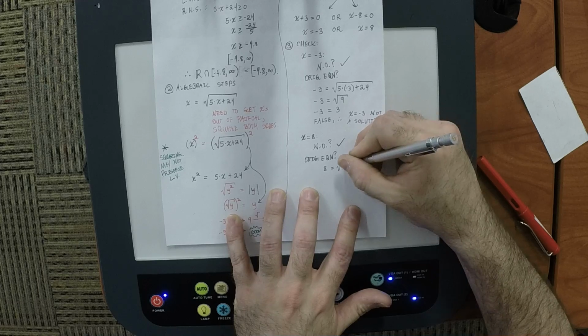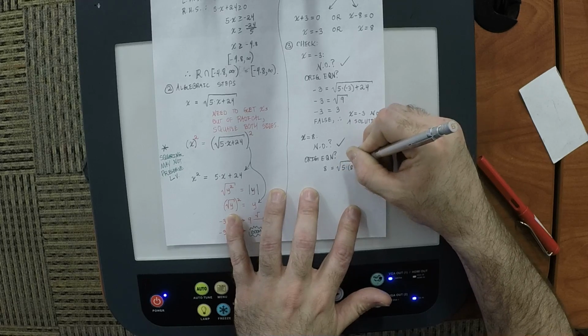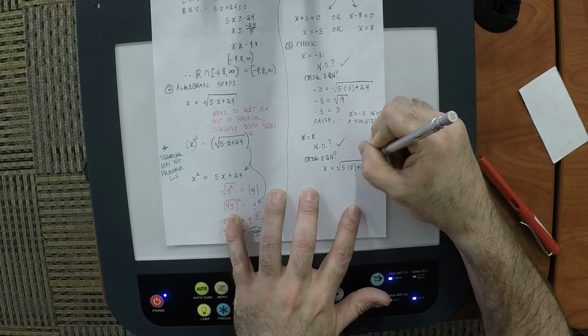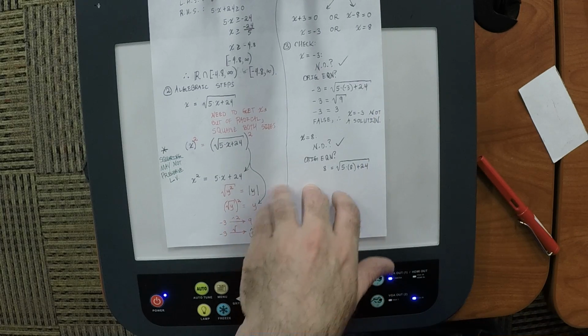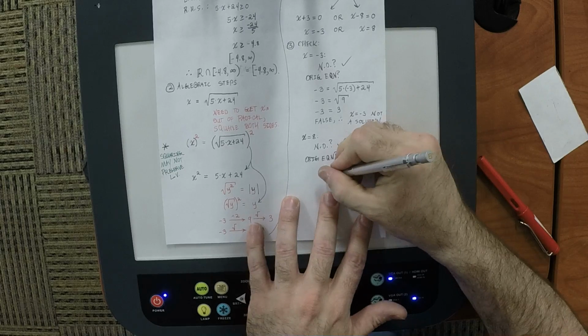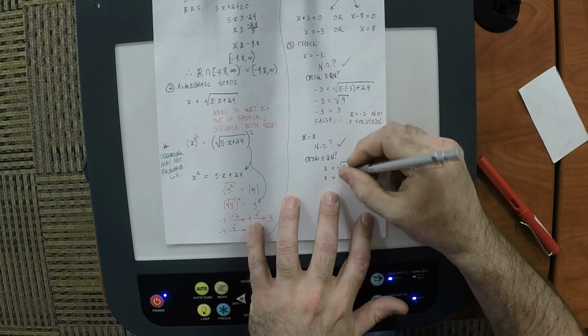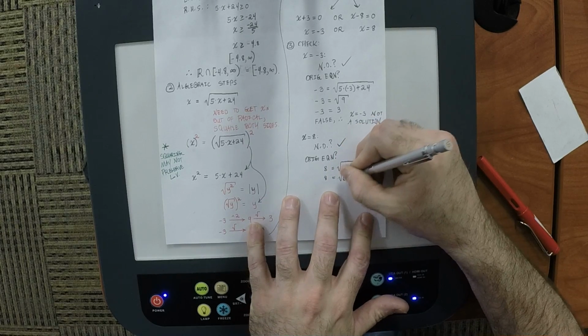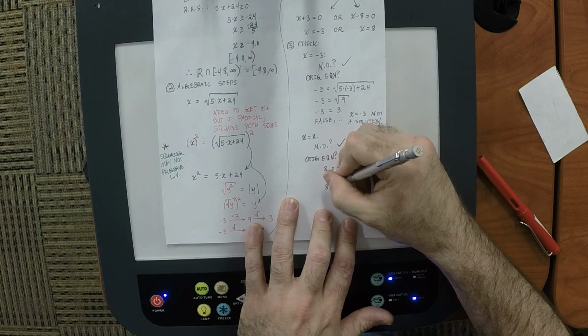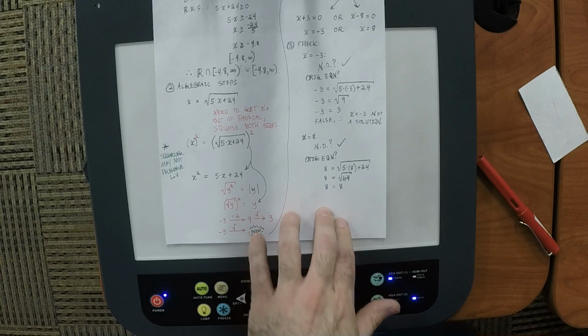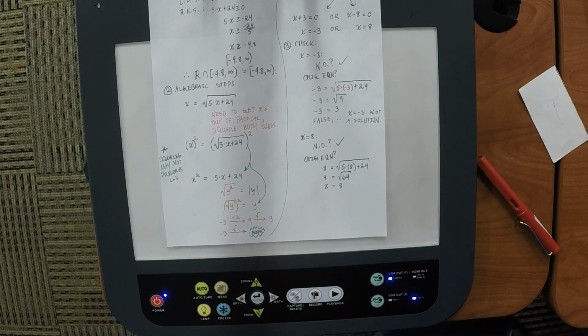8 equal to the square root of 5 multiply 8, add 24. 5 multiplied by 8 is 40, add 24 is 64. 8 equals square root of 64. 8 equal 8. Well, what's the logical value of that? It's true.